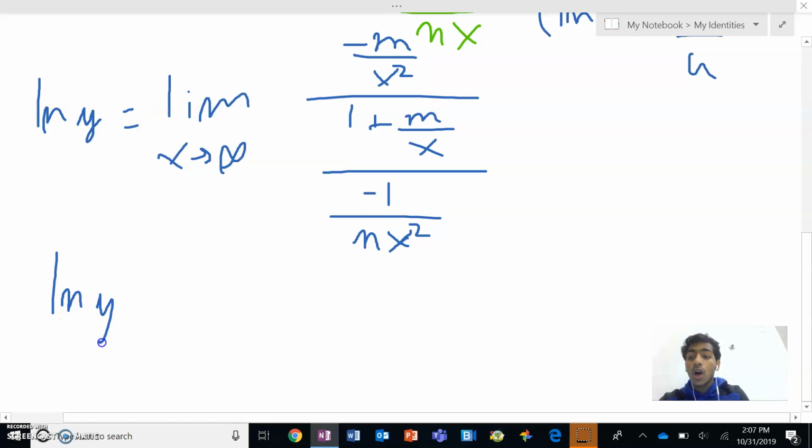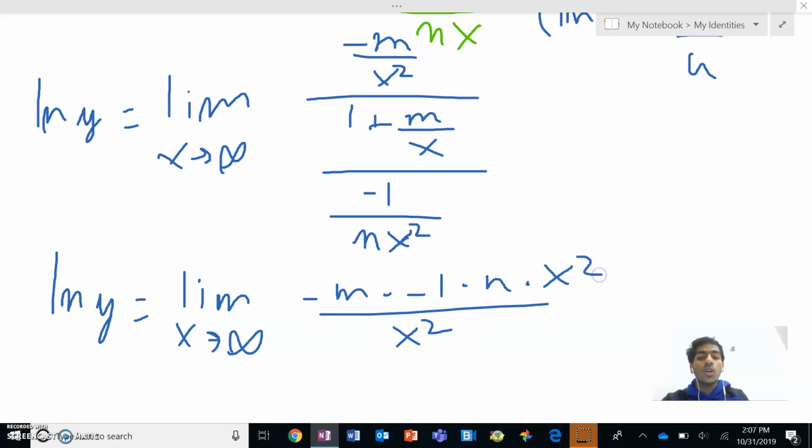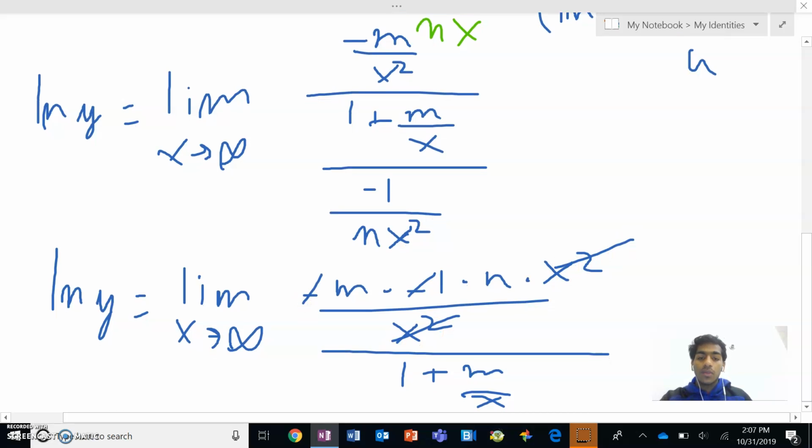The natural log of y would be equal to the limit as x approaches infinity of negative m times negative 1 times n over x squared times x squared on top as well, divided by 1 plus m over x. And now as you can see, the x squared cancel out, the negatives cancel out.